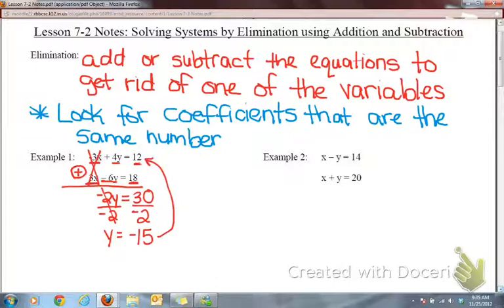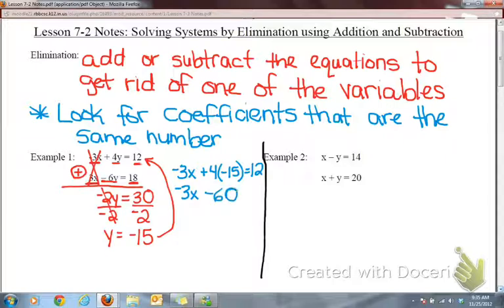So that is going to give us, I've got to remember what was there, -3x plus 4 times -15, because that was y, and it equals 12. Let me draw a little line here. I'm getting over in example 2. Okay, so now we just go ahead and solve for x. So now you have -3x. 4 times -15 is a -60, so I'll put -60 equals 12.